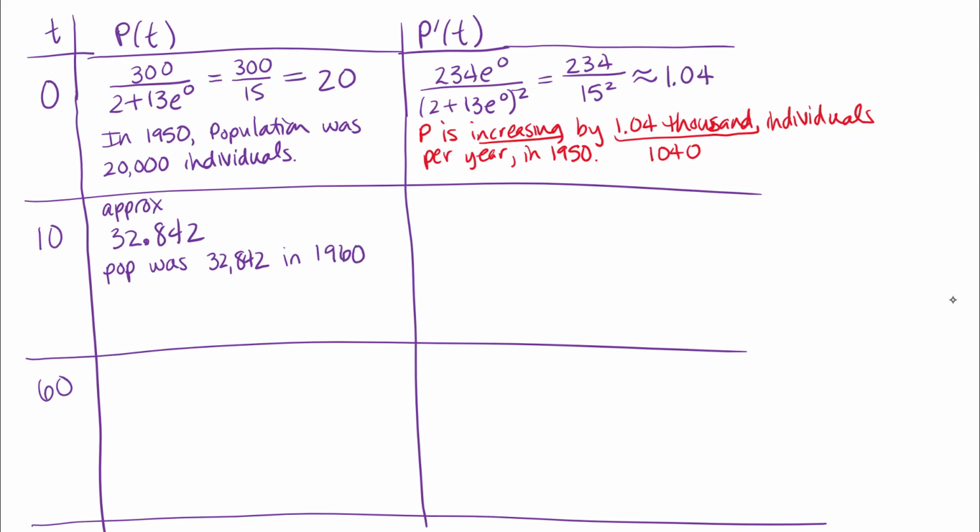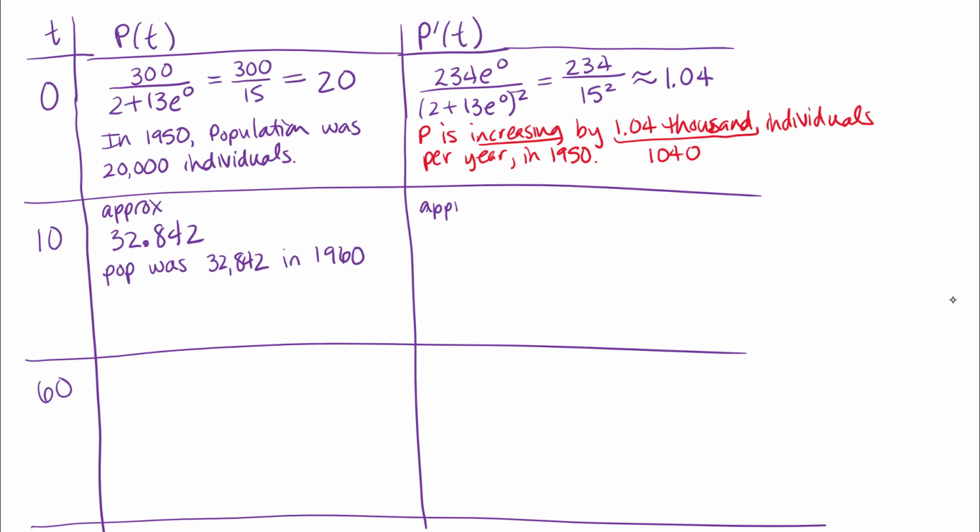The other part here that we want to think about, and kind of the new part here, is what does the rate of change mean? When I plug t equals 10 into my derivative function, I get approximately 1.539. So what that tells us is that the population was increasing.